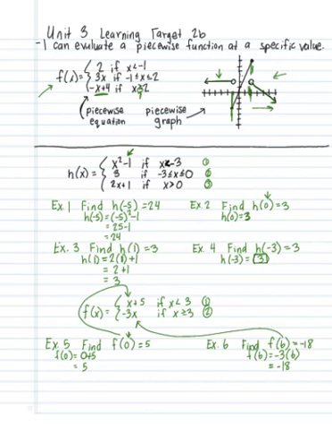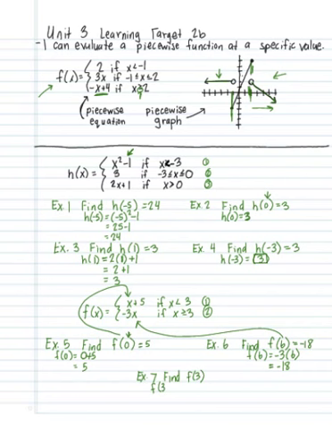Alright, last example. Here we're going to find f of 3. So our two options are less than 3 or greater than or equal to 3.